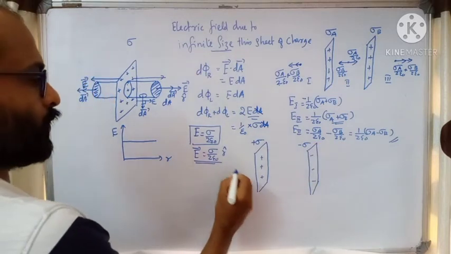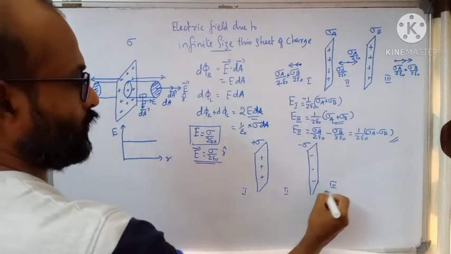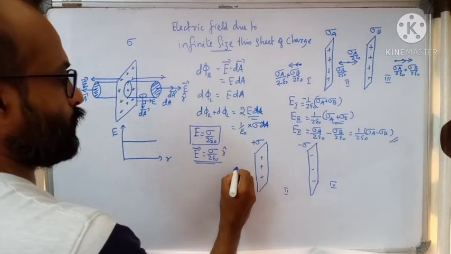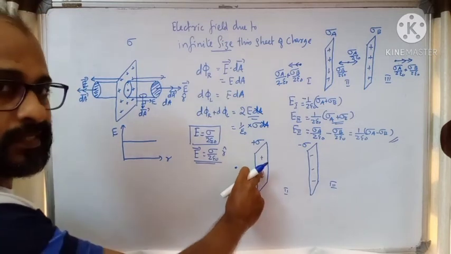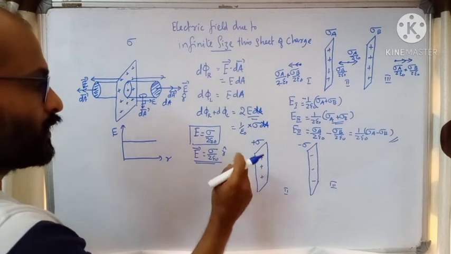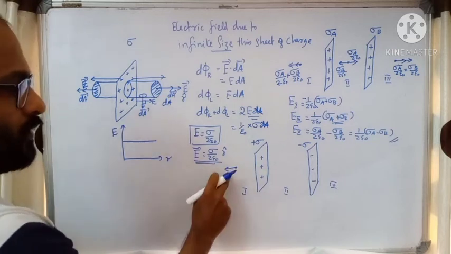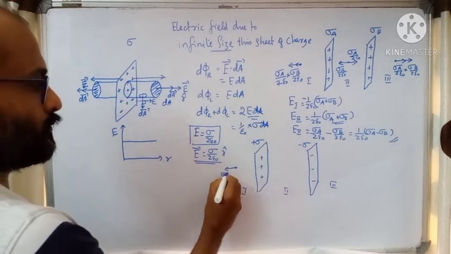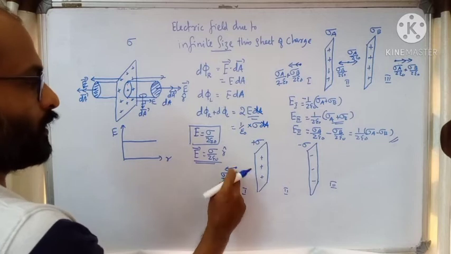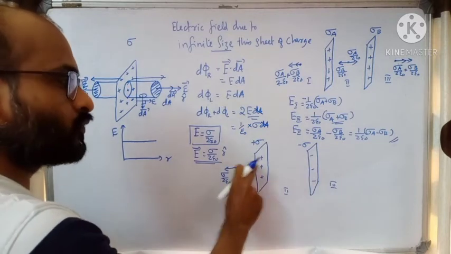Now we take 3 points. Region 1, region 2 and region 3. We choose a point here in region 1. This sheet, since it is positively charged, will produce a field away from it. What is the value of this field? Sigma by 2 epsilon 0. Now this sheet is negatively charged, so it will produce a field towards the sheet.